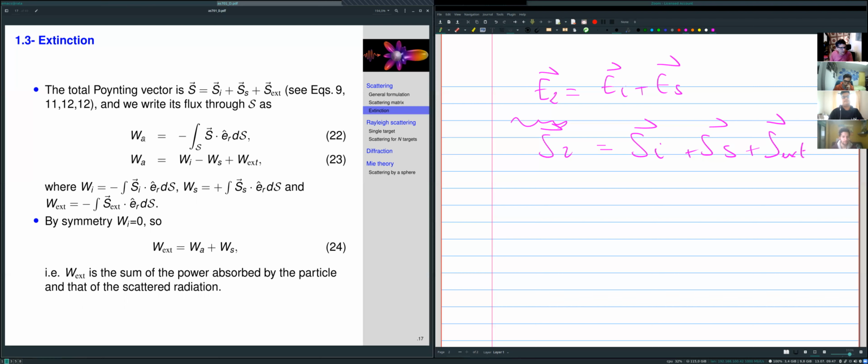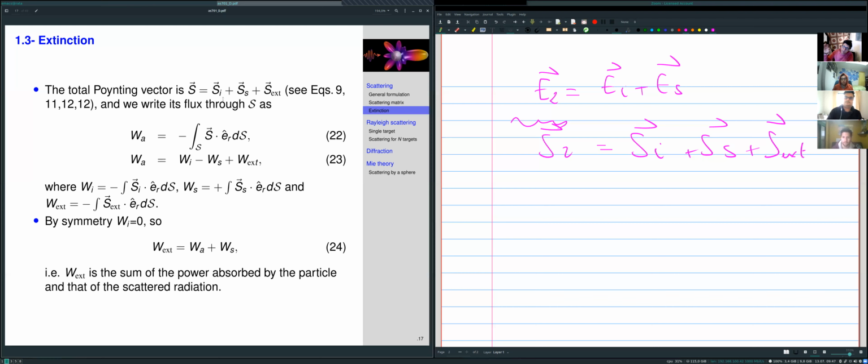If there was no particle, W_A would be 0, is the way to see it. If there was no particle at all, there would be no scattered and no cross terms. There would be only S_I, and the integral of the flux through the sphere would be 0.